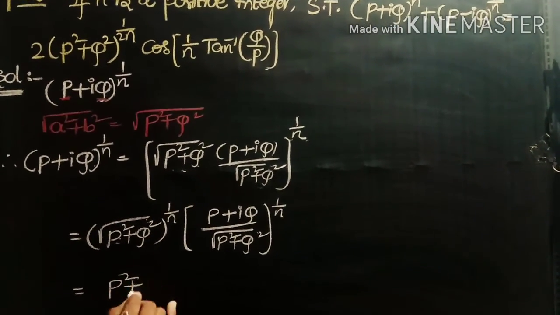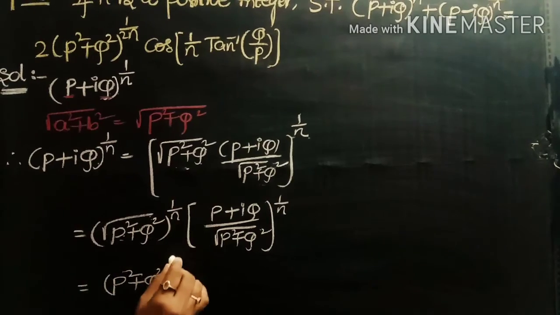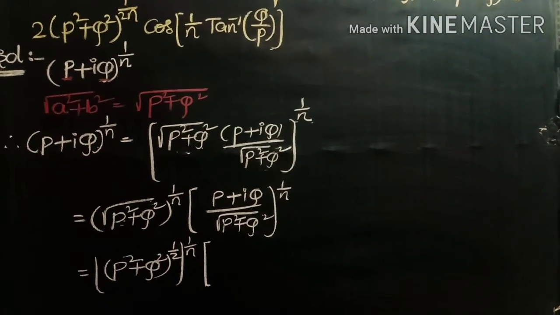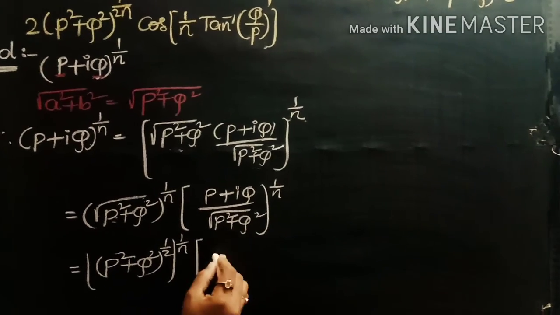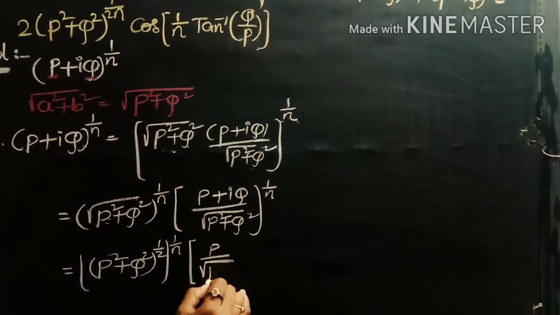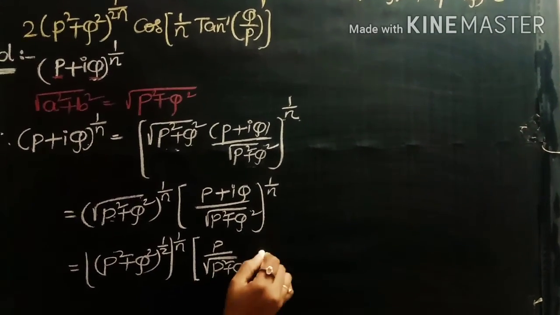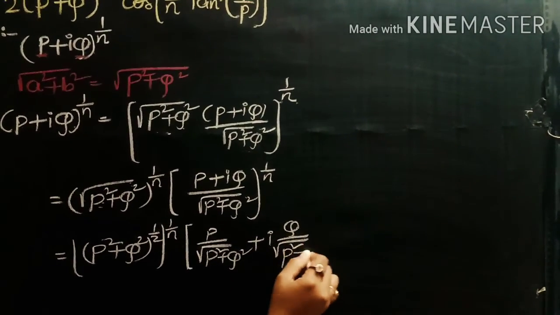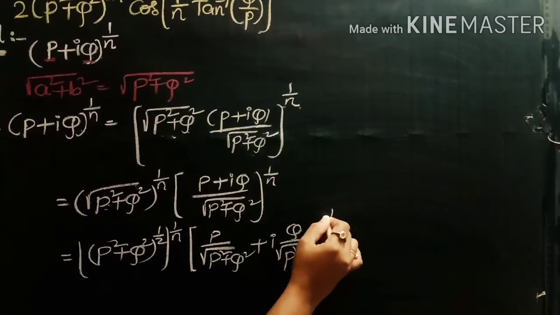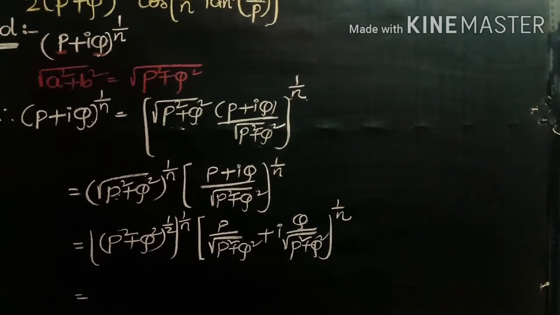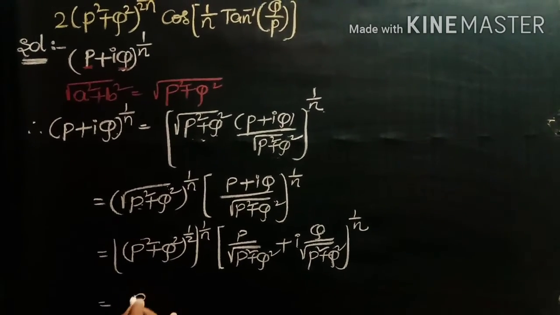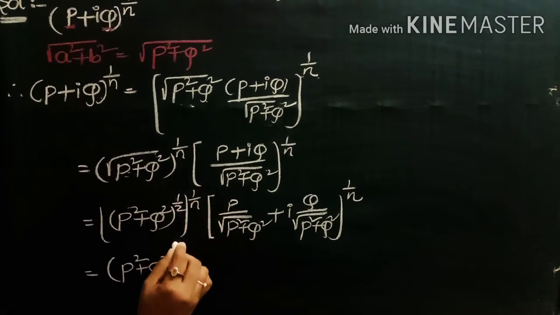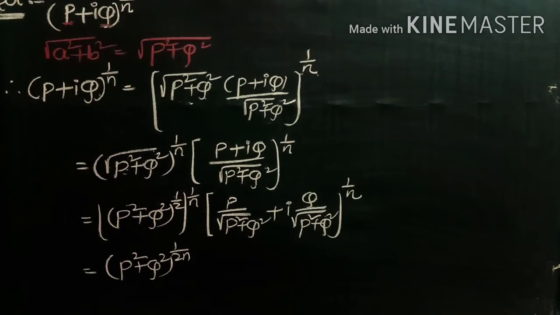That is, (p² + q²)^(1/2) whole power 1/n into, now separating the denominator, [p/√(p² + q²) + i q/√(p² + q²)]^(1/n), and this is equal to (p² + q²)^(1/2n).